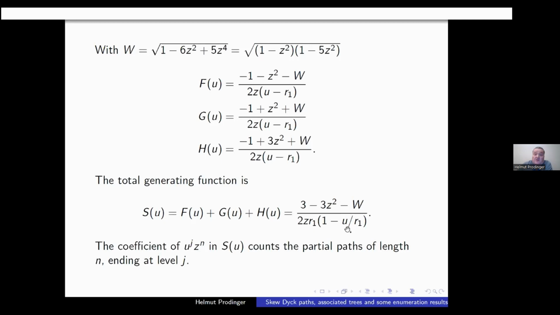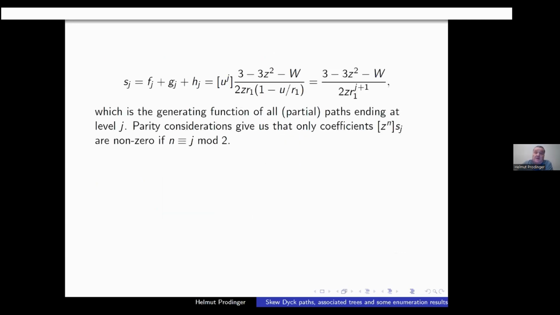And if one looks at the coefficient of u to the j, that means we end on level j. So altogether, the coefficient of u to the j, z to the n, counts the partial skew Dyck paths ending at level j and having length n.